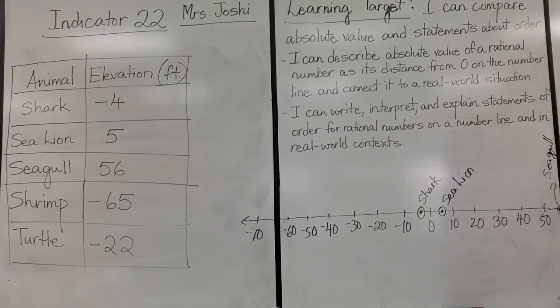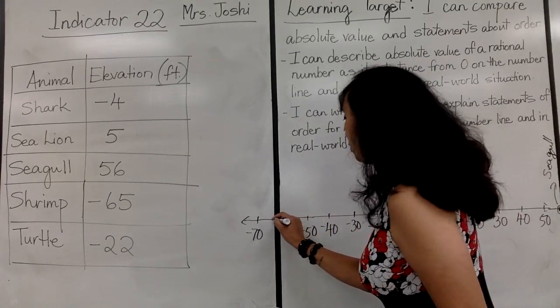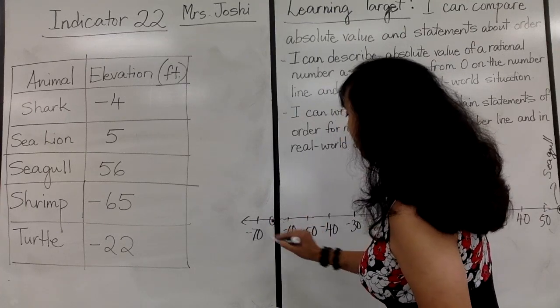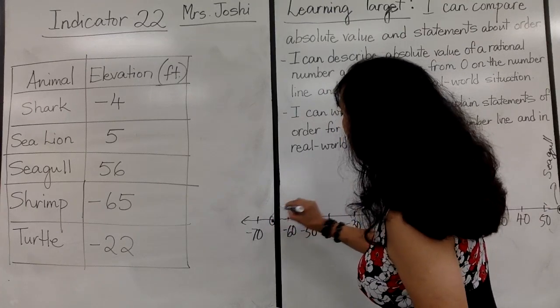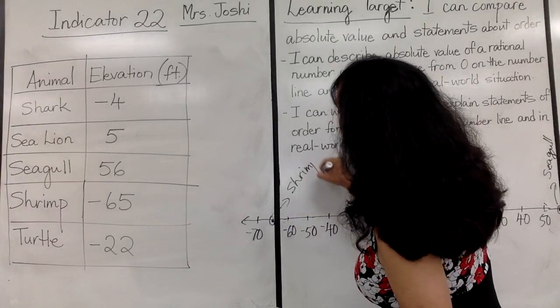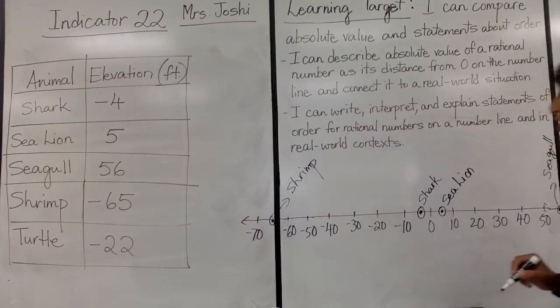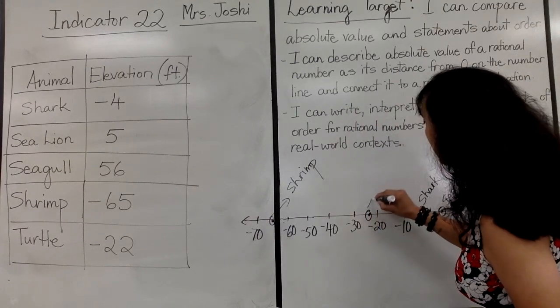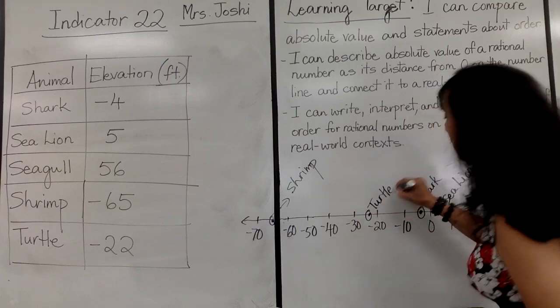Then I have shrimp, which is at negative 65, somewhere between negative 60 and negative 70. So over here is my shrimp. And then we have the turtle, which is at negative 22. So that is going to be here. This is the turtle.